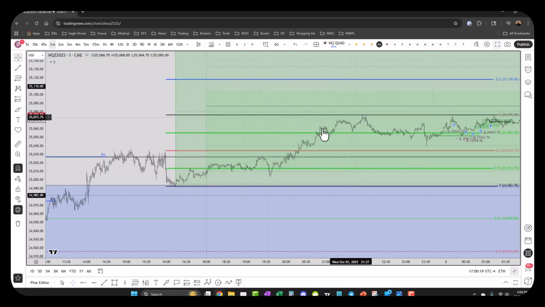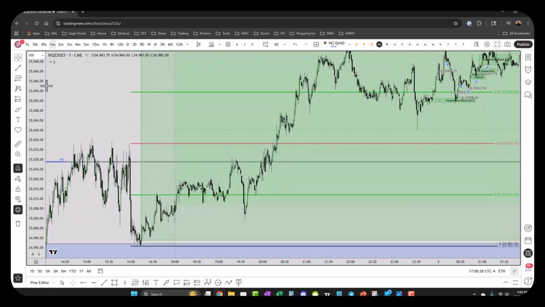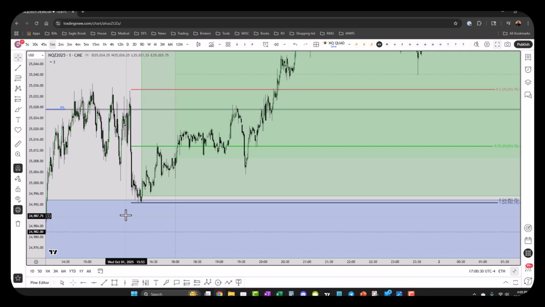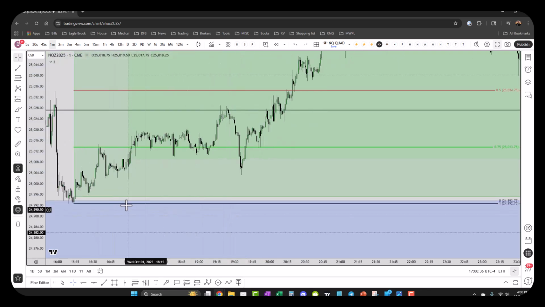So fibs drawn, low to high. So that's basically the daily low at the time. The low of the day, we'll draw that right on it. 16:14.